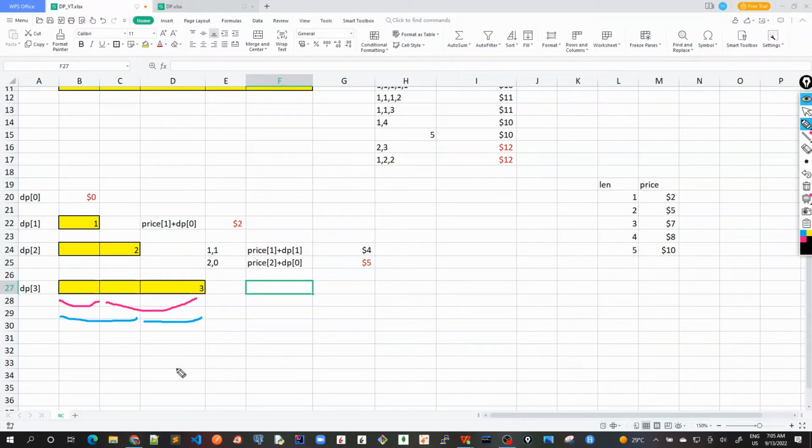And one other combination would be we take the entire 3, right? So different combinations can be written here: 1 2, 2 1, or 3 0, taking all the 3 together. And the price calculated for 1 and 2 would be 5 plus 2, so 7.